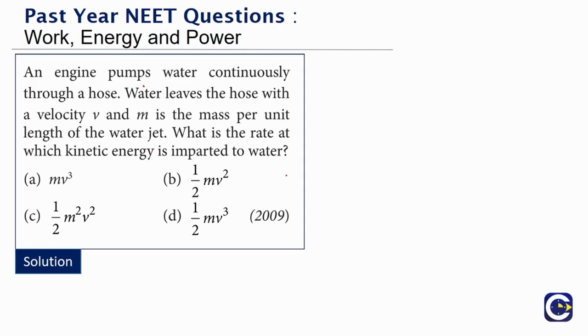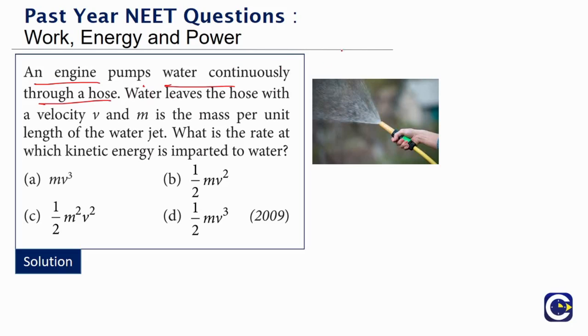Next we have a question that is based on the water pump. An engine pumps water continuously through a hose. So basically what we call the hose pipe, right? This is the common hose pipe that is generally used to move the water from one place to another with the help of the pump or the engine.